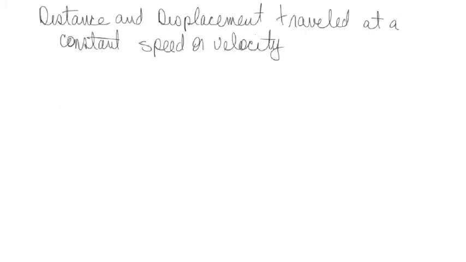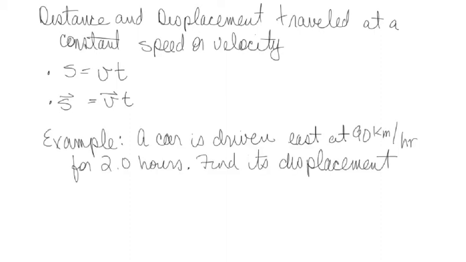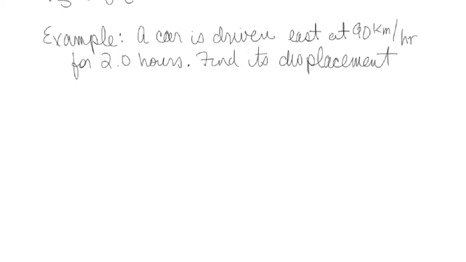Alright, next we're going to talk about distance and displacement traveled at a constant speed or velocity. Distance is nothing more than speed times time, while displacement is velocity times time. Fast little example. A car is driven east at 90 kilometers per hour for 2 hours. Find its displacement.